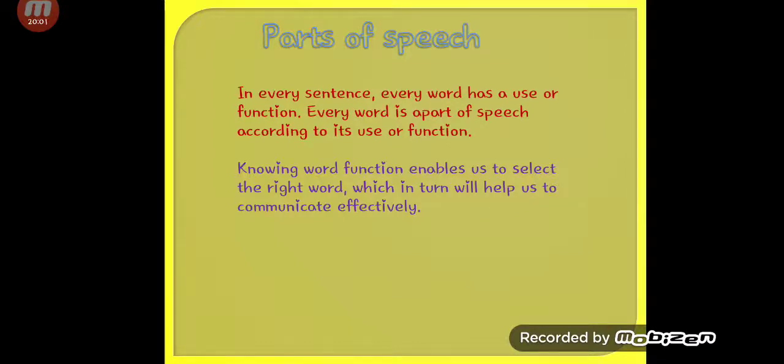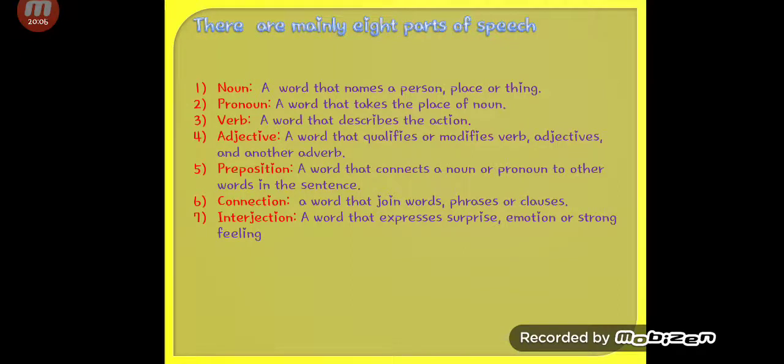A noun is a word that names a person, place, or a thing. Pronoun, a word that takes the place of a noun. In place of the noun, we can have a pronoun. Verb, a word that describes the action.